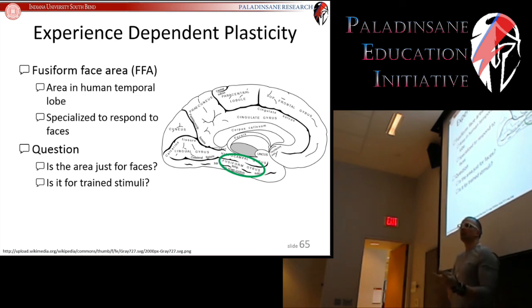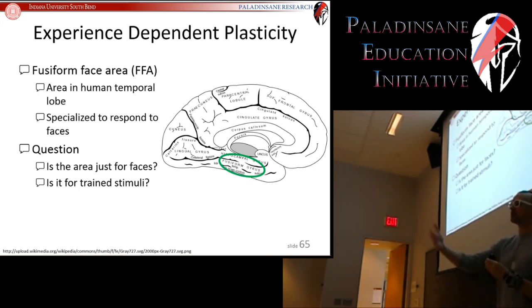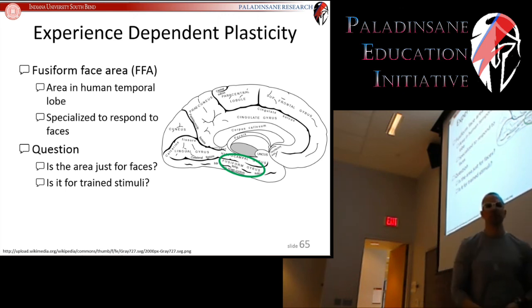Any movie that you watch, if your movie contains people, you see face after face after face. We see a lot of faces. We see faces a lot. So it could be that just because we see this stimulus so often, and it's important in terms of social interactions, maybe it's just for trained stimuli.